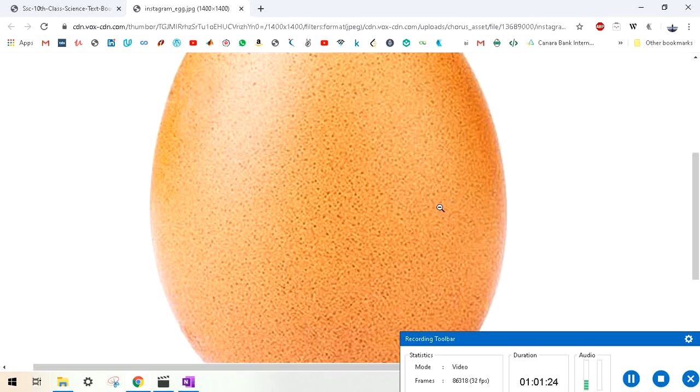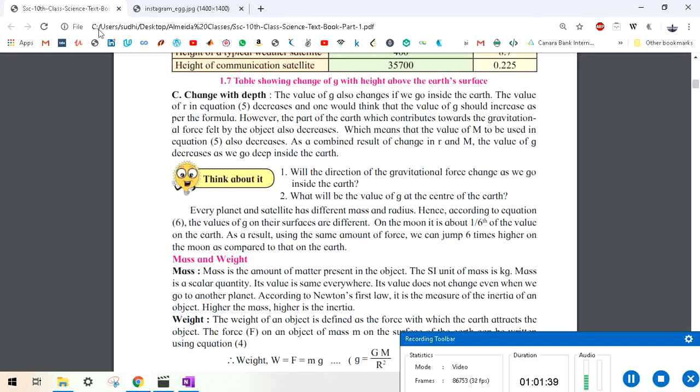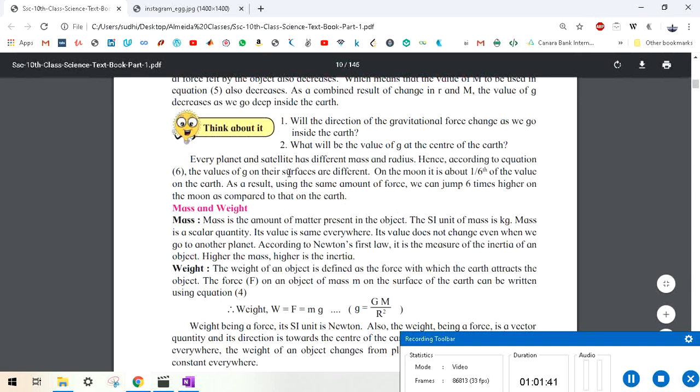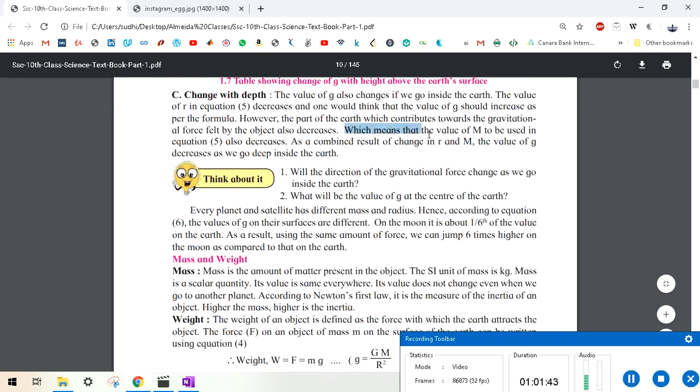If I'm inside, the complete earth will not be exerting force on me, so the value of mass will decrease. Which means the value of m to be used in equation 5 also decreases as a result of change in r and m.